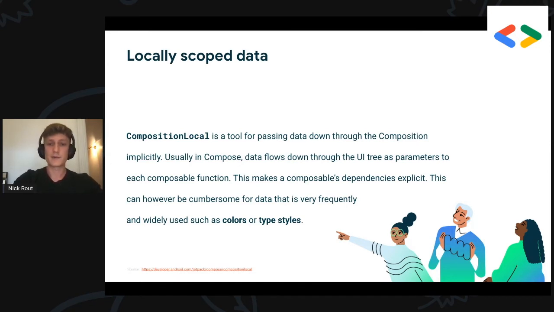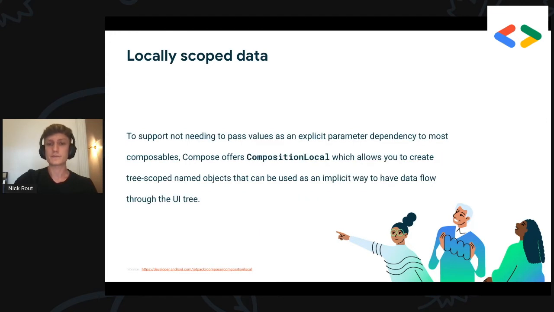However, this can sometimes be cumbersome for data that is very frequently and widely used, such as colors and type styles. You can imagine that if you didn't have a theming system in place, you might have to pass a color all the way down from your top level app composable to the UI that then uses it. There might be multiple levels deep in a button that finally has to use a color and a type style, which can really bloat your code quite a bit.